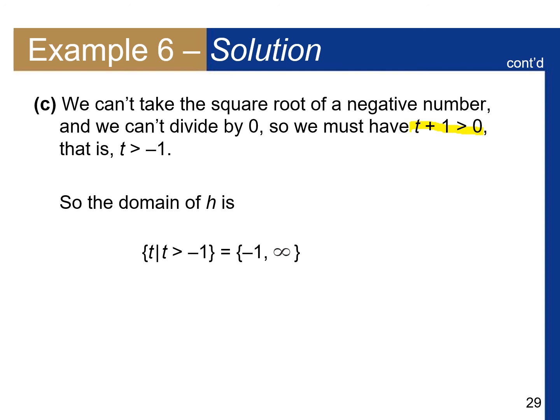I'm not sure why they did it that way. So interval notation would be -1 to infinity, like this with parentheses, not with these. Just have it parentheses. Okay?